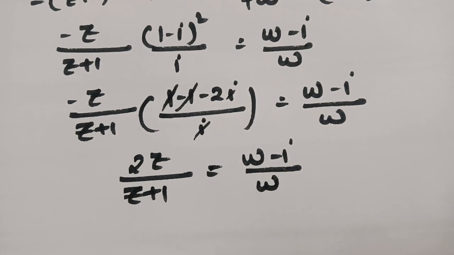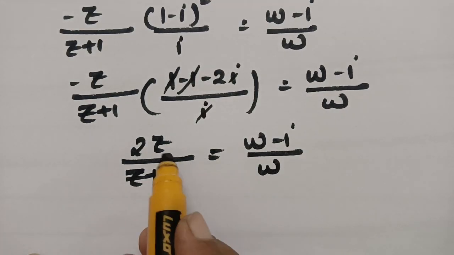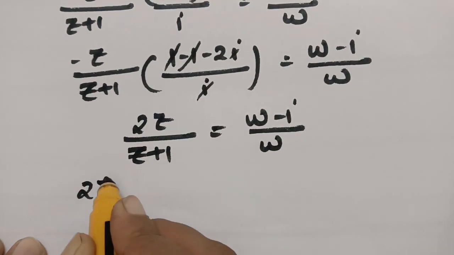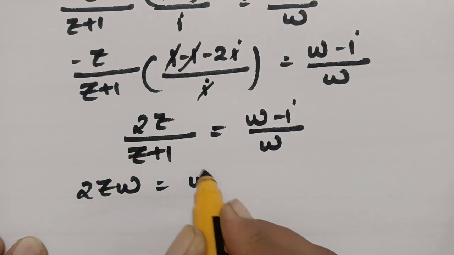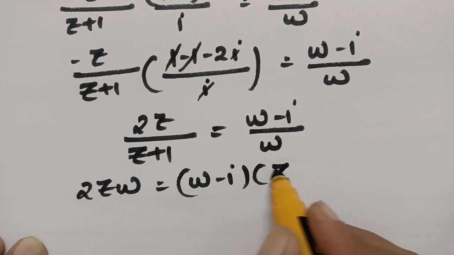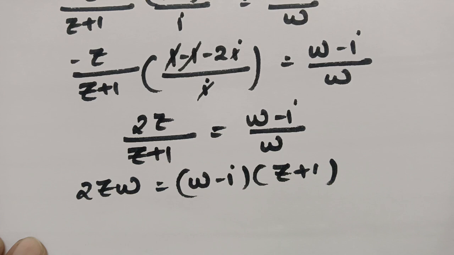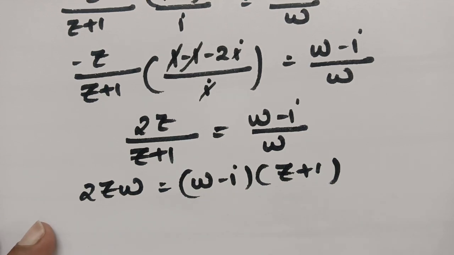Now I need the value of W. In order to get W, I'm cross multiplying. So this will be 2ZW is equal to W minus I times of Z plus 1. So here, if I multiply, see what happens.